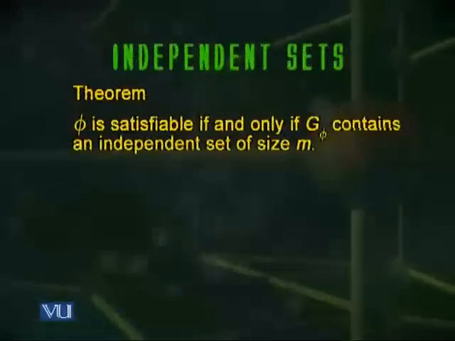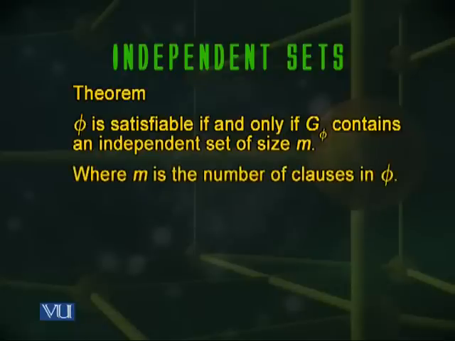Thus there is a one-to-one correspondence between them. So the theorem that we have proved is that phi is satisfiable if and only if G sub phi contains an independent set of size m, where m is the number of clauses in phi.